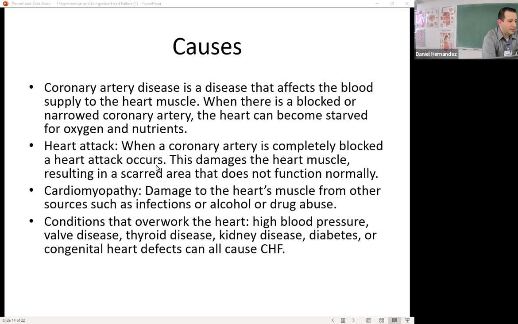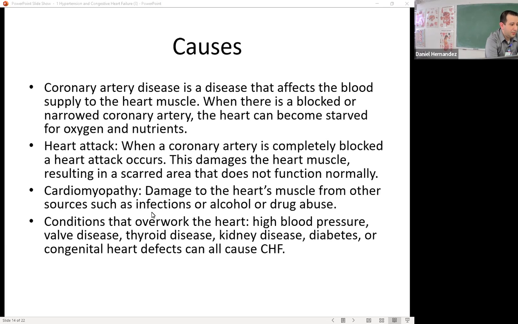Then there's a heart attack. This occurs when the coronary artery is completely blocked. This damages the heart muscle, resulting in a scarred area that does not function normally. Patients can also have cardiomyopathies. This is damage again to the heart muscle from another source, so damage to the myocardial layer.